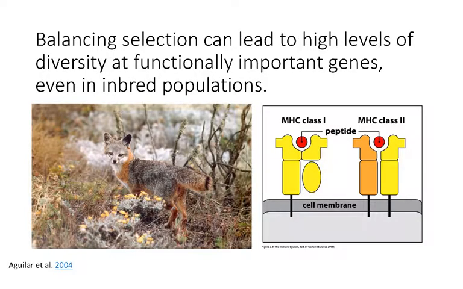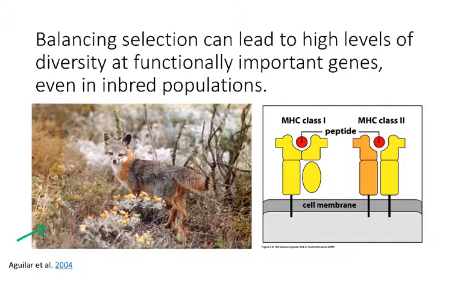Another thing that can happen is balancing selection can lead to high levels of diversity at some specific genes that have a functional benefit, even if the population is super inbred. So this picture here on the left is a Channel Islands fox. This species, these populations, have historically, classically low genetic diversity. So in one particular island, I think it's San Nicolas, the individuals there have basically no genetic diversity whatsoever.